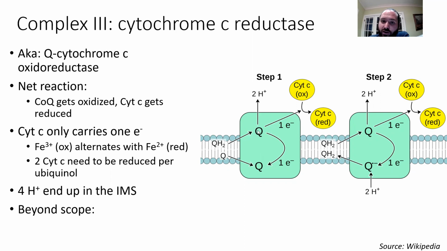So coenzyme Q got oxidized, lost 2 protons, lost 2 electrons. The first electron will go to a cytochrome C and reduce it to 1 equivalent of cytochrome C. The second electron will actually go to a helper buddy, which is another Q. And that Q is just the wingman who's just going to carry that 1 electron, just hold on to it.